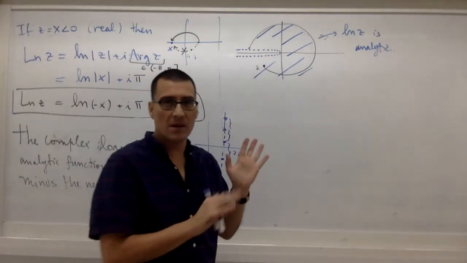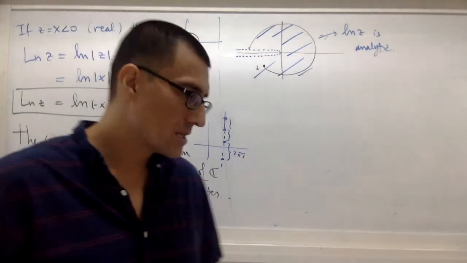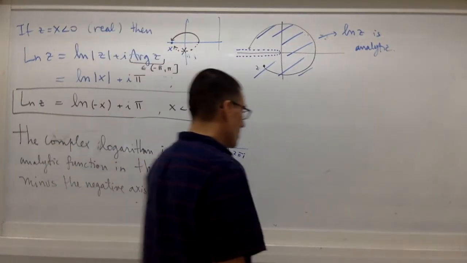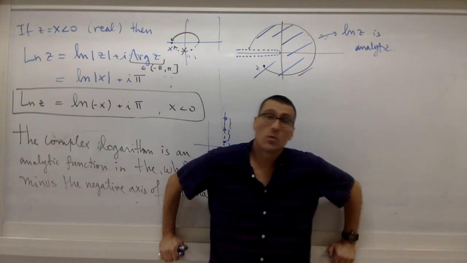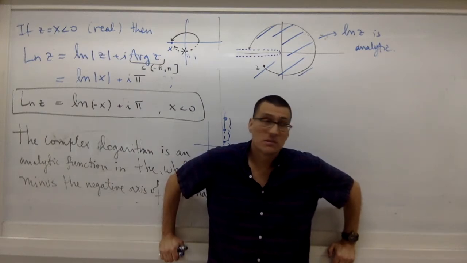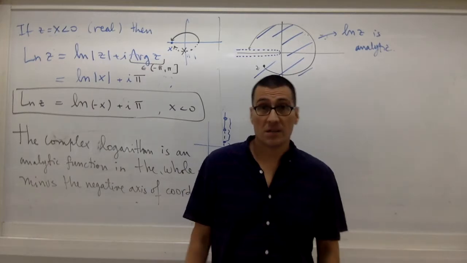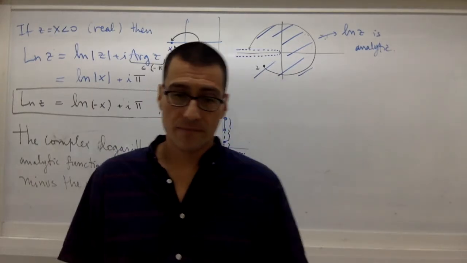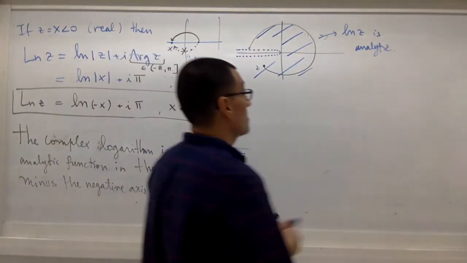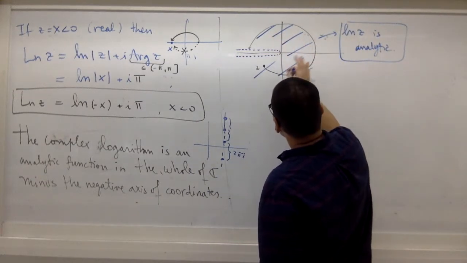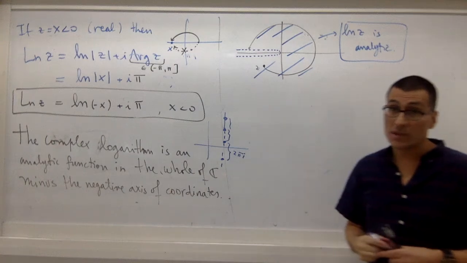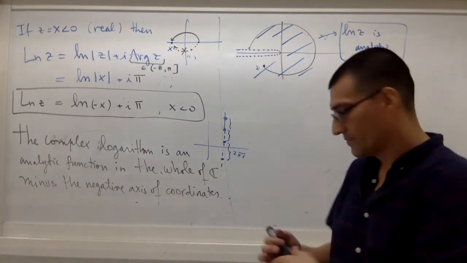We're not going to step there in this course, because that topic belongs to a different course, which is multi-valued functions and Riemann surfaces. The only thing you need to retain is that the logarithm is analytic right here, everywhere. So that's the domain of analyticity.